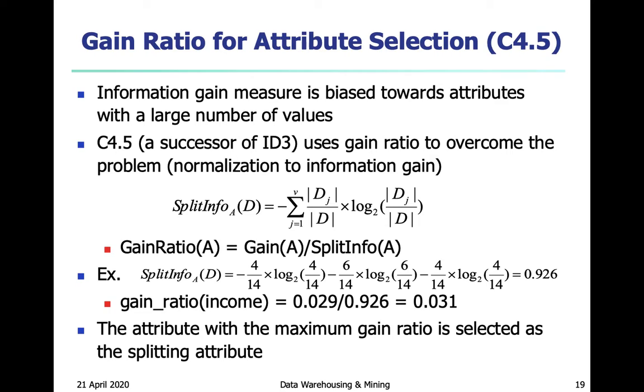Because each partition is pure, the information required to classify dataset D based on these partitions would be 0, like the previous example, because it's giving you a pure set. Therefore the information gained by partitioning on this attribute is maximal, and such a partition is useless for classification.